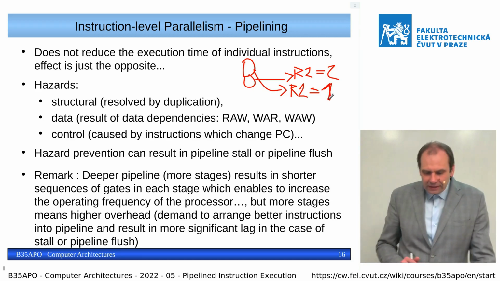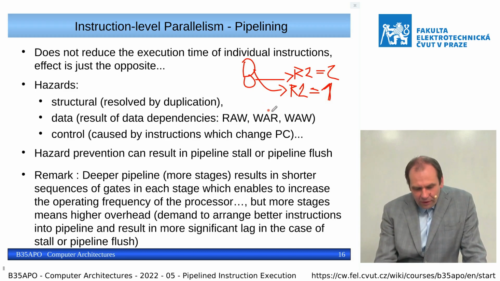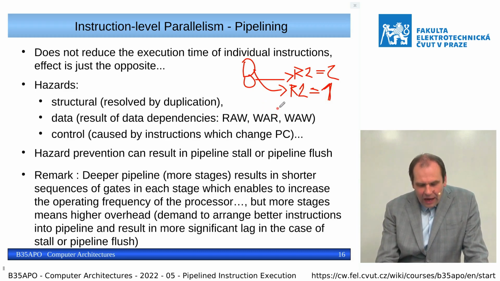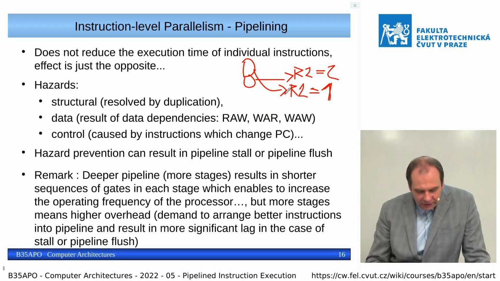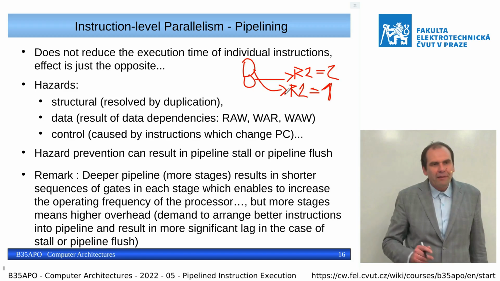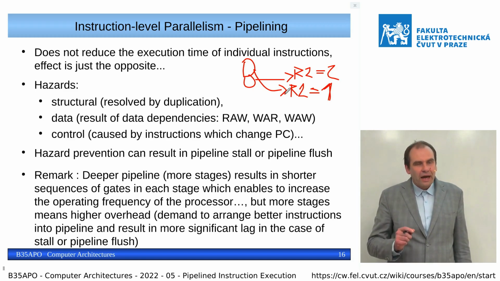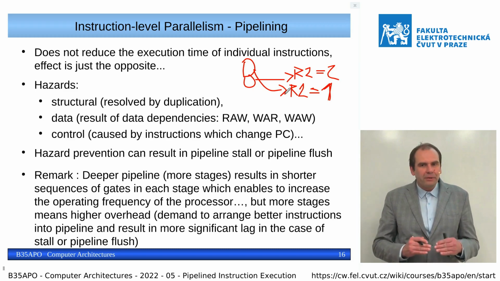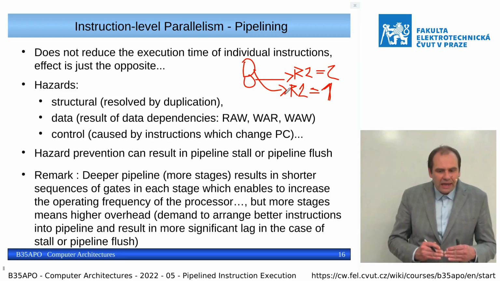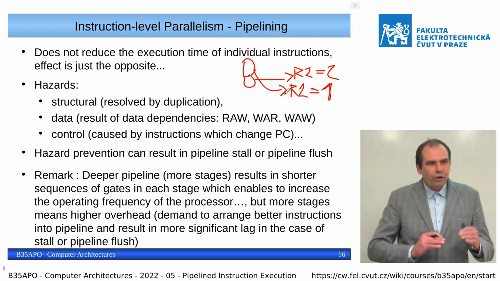Another problem is that you can have a write after read hazard, which again swaps the operations between the registers. But it is a problem of architectures which are able to execute multiple instructions in parallel and finish them out of order.